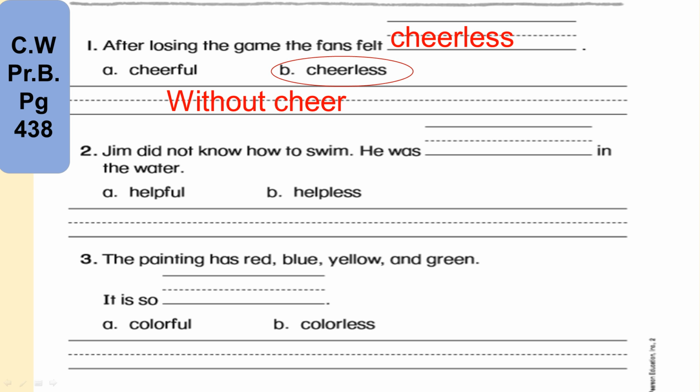Or he was helpless. Helpful means knows how to help others, very strong. Helpless means weak. He didn't know how to help anyone. So for sure the correct answer, kids, will be helpless. Helpless, yes, he is weak. He can't help anyone in the swimming pool. If anyone drowned, he couldn't help him.